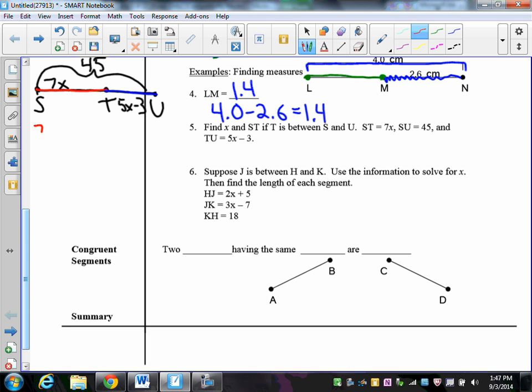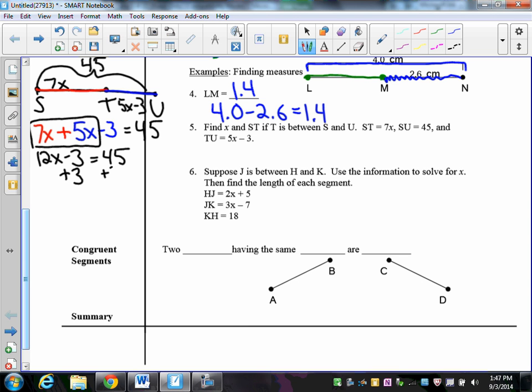So what I'm going to do is 7X plus 5X minus 3 equals 45. So you got to think back to Algebra 1 as to how to do this. You have to combine like terms. It's going to be 12X minus 3 equals 45. And then I would add 3 to both sides.